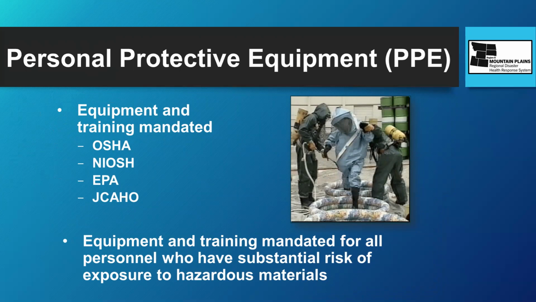Training is required. It's been mandated here in the US by a bunch of different agencies. And if you have a risk of exposure to hazardous materials, and this obviously includes hospital personnel exposed to infectious diseases, the appropriate equipment and training is mandated to minimize your risk.